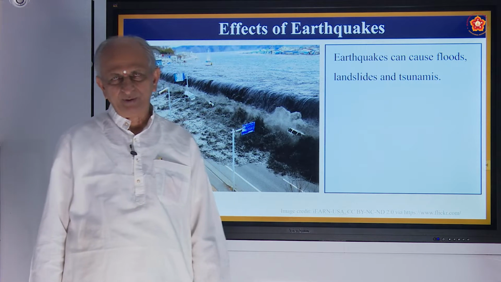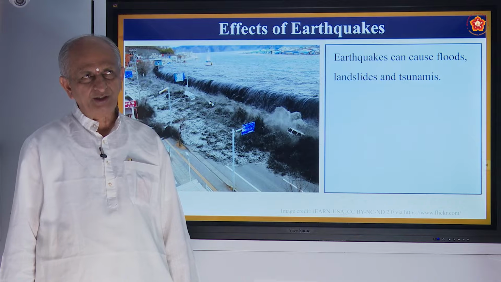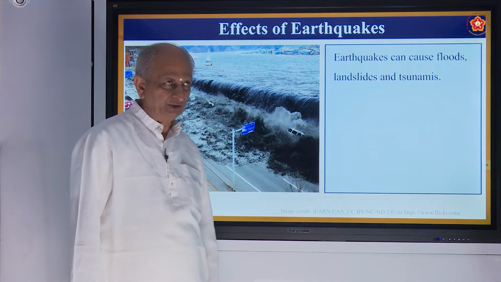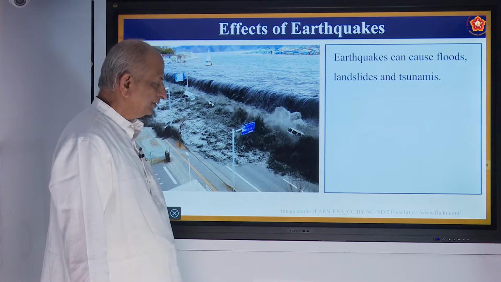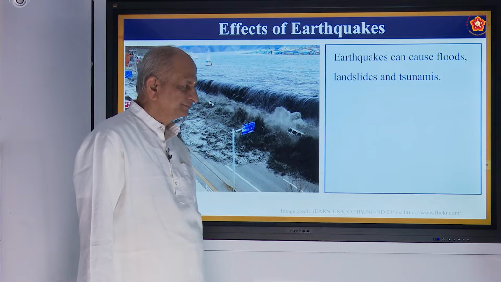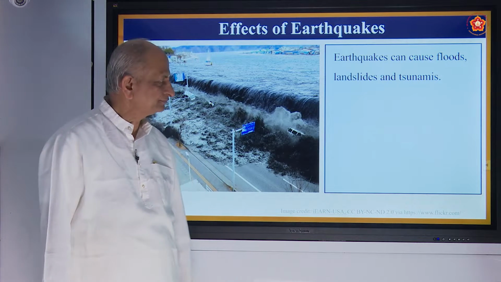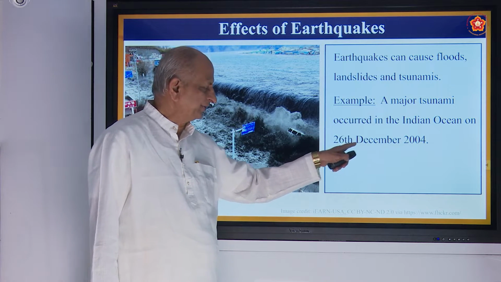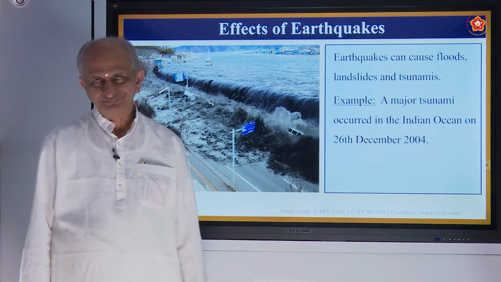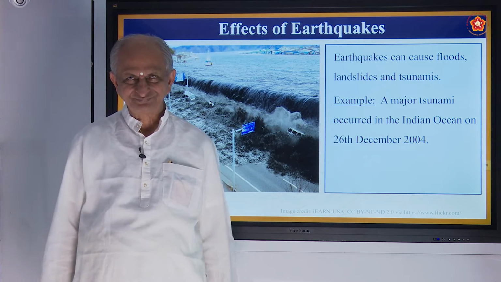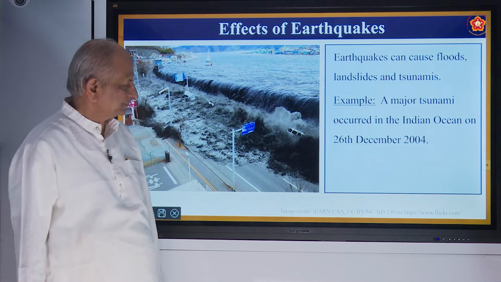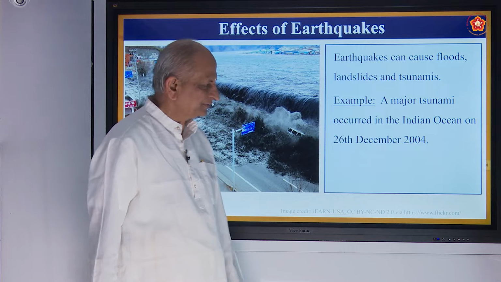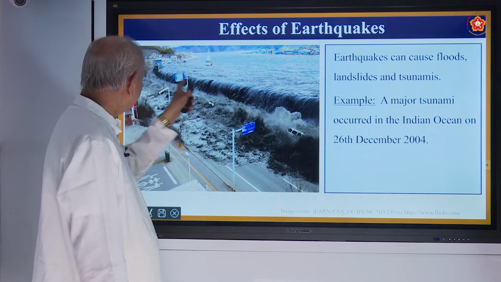Tsunamis, I was just telling about. It happened in 2004, I think. The next day after Christmas, it happened. A tsunami in states like Tamil Nadu, Pondicherry, etc. A major tsunami occurred in the Indian Ocean on 26 December 2004. Thousands had gone near the seashore after Christmas. But unfortunately, the tsunami attacked. This is one photo of that.